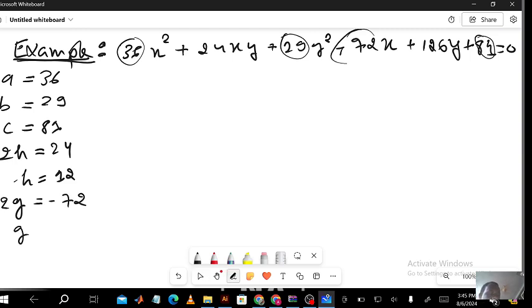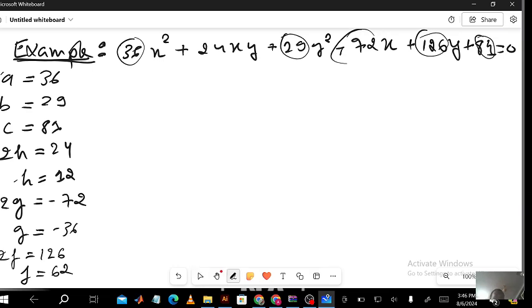So g is going to be equal to minus 36. If we come to 2f, we know that 2f is the coefficient of y, which is equal to 126, which means that our f is going to be 63.